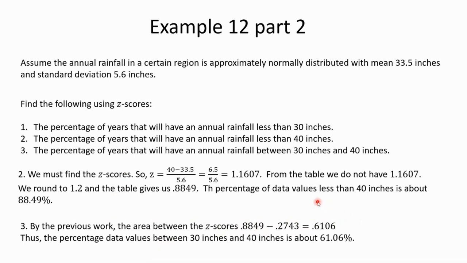Or you can interpret it as the percentage of years, because it's annual rainfall, which will have an annual rainfall between 30 and 40 inches: about 61.06%. Are there any questions on this one? I know the interpretation I might have messed up, but the calculations are correct.